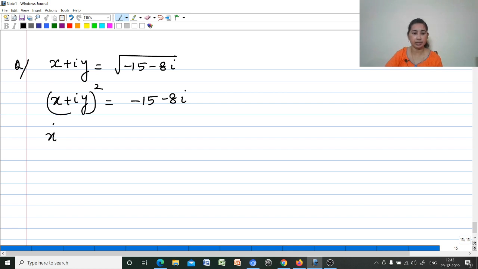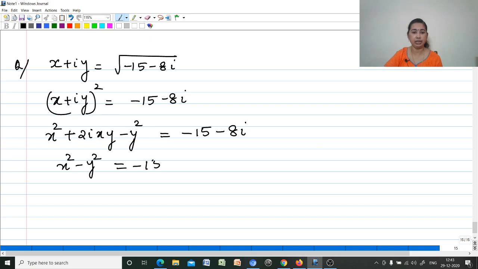Expanding this, x square plus 2i into x into y minus y square is equal to minus 15 minus 8i. Real part means x square minus y square is equal to minus 15. Imaginary part, 2xy is equal to minus 8.